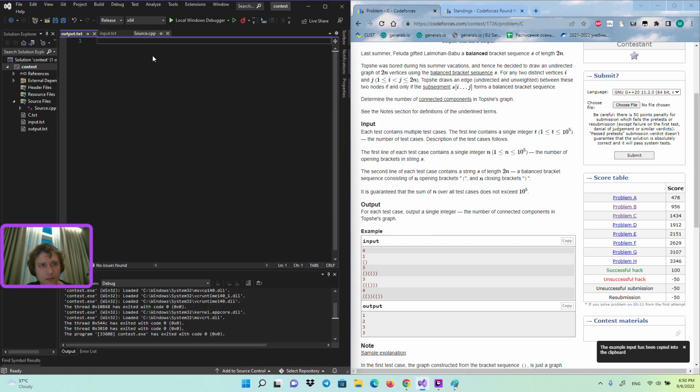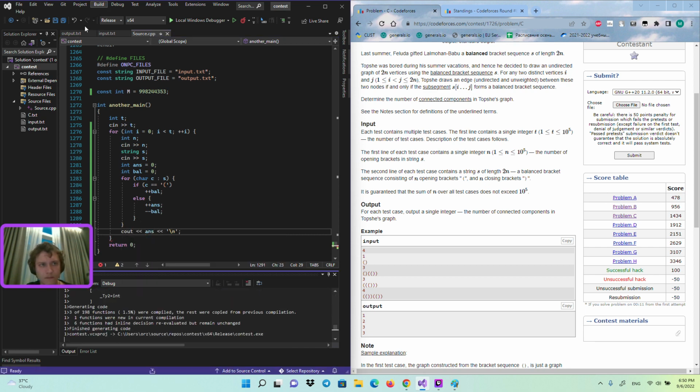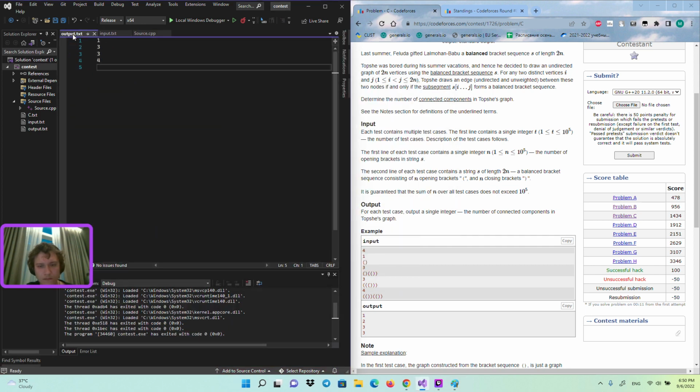Oh, I didn't output anything. No, it's not true. Why is it not true? Because of this sequence, it should be 2. So this is the first.